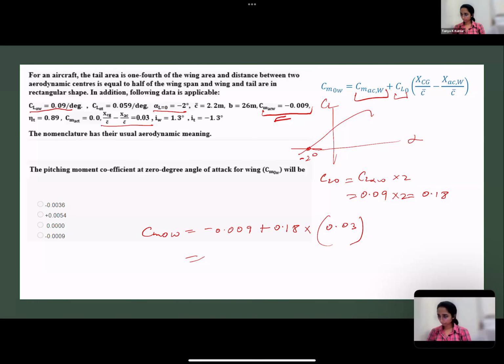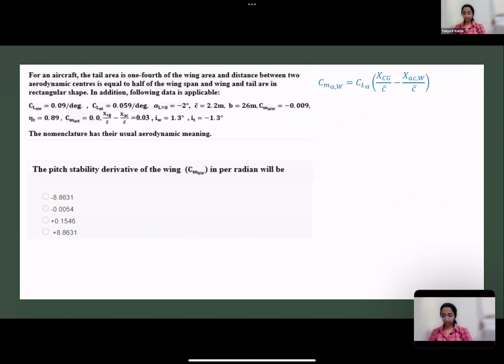Let me know. So I'm getting, yes, you're right, minus 0.0036. So CM naught contribution of the wing is negative. That means if there was just the wing, you cannot trim the aircraft at a positive angle of attack.